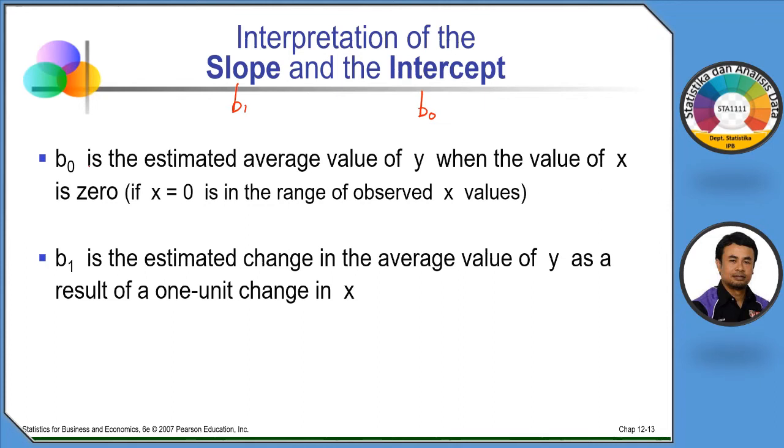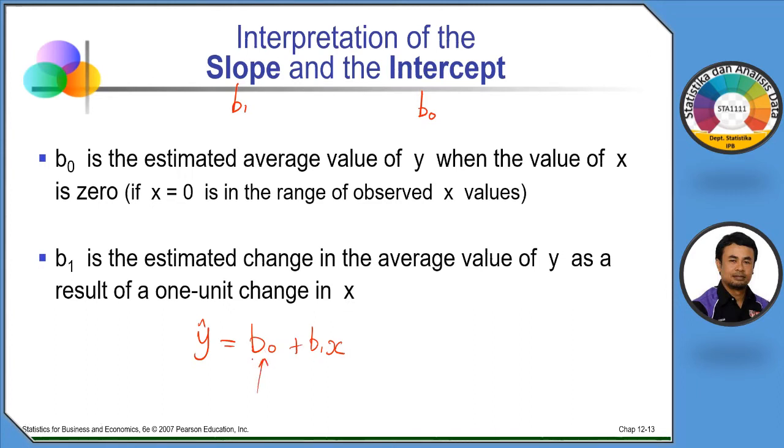So b0, if you refer to this equation, let's say I have an equation: y hat is equal to b0 plus b1 times x. So in this case, b0 is the estimated average of y when the value of x is 0. Look at this, how to interpret the b0?